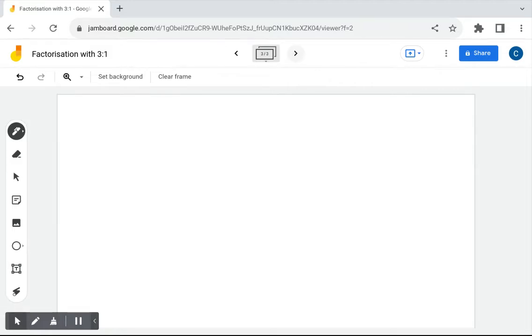Let's move on. Let's factorize an expression with 4 terms now: x cubed plus 3x squared plus 5x plus 15.